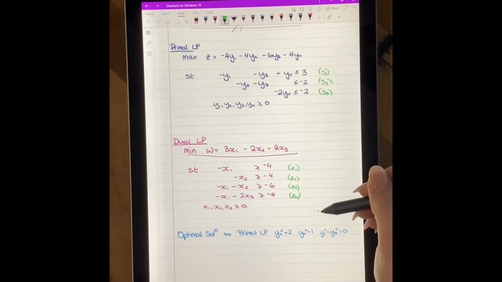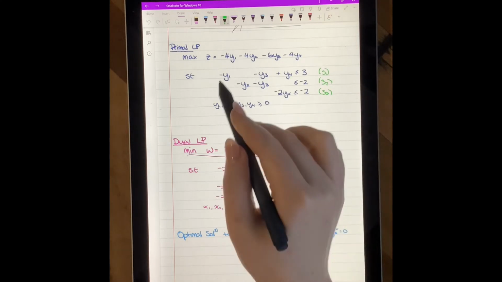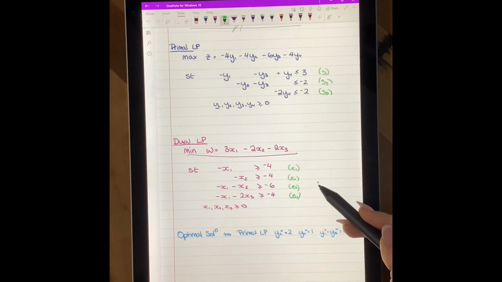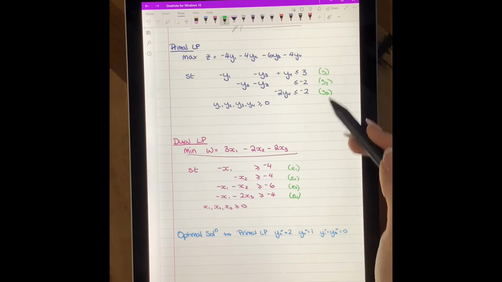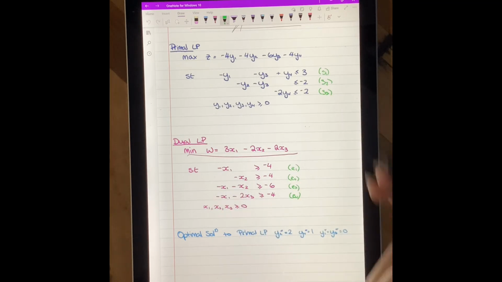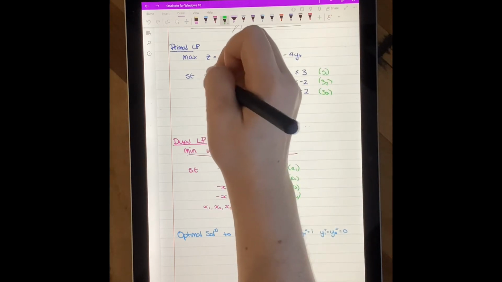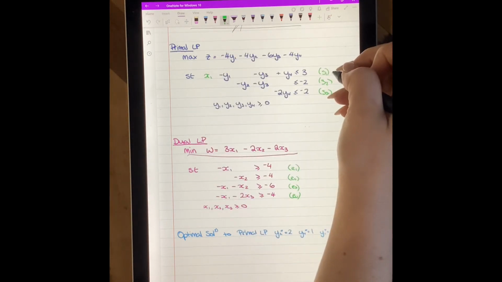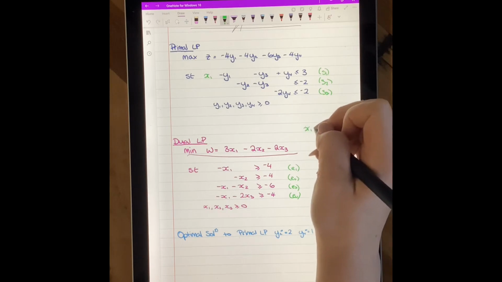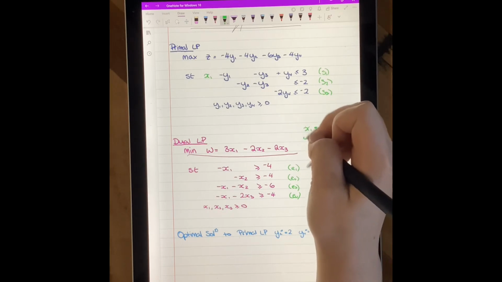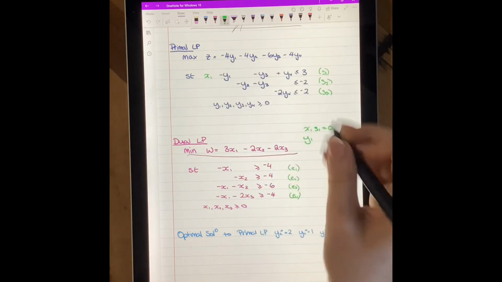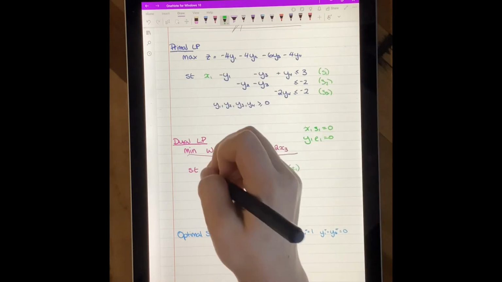So complementary slackness says that if the solution to a primal LP is optimal, then the dual solution will be optimal if and only if the primal variable multiplied by its dual constraint equals 0, and the primal constraint multiplied by its dual variable will equal 0. So in layman's terms, x1 times s1 equals 0, and y1 times e1 equals 0.